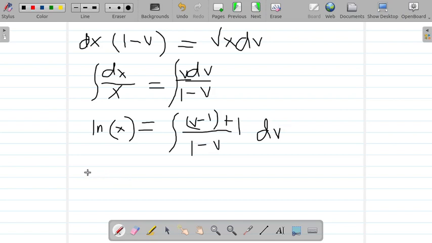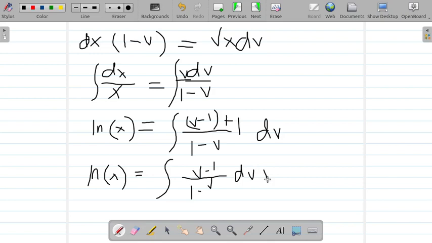So, equals ln of x we can decompose this integration by integral of v minus 1 over 1 minus v dv plus integral of dv over 1 minus v.